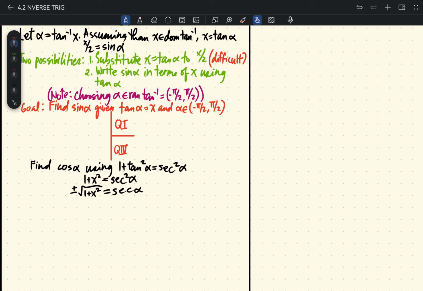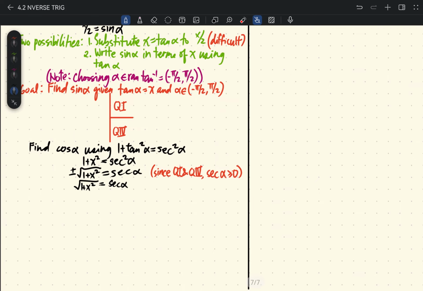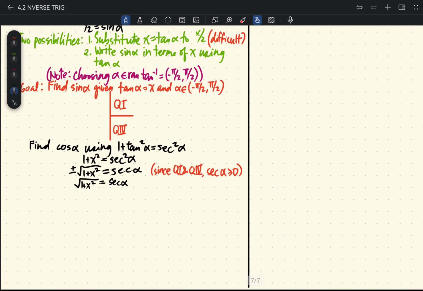However, since we are in quadrant 1 and quadrant 4, secant alpha should be non-negative. So that means your secant alpha equals the square root of 1 plus x squared. And now, since we know secant alpha, we can obtain cosine alpha, which is just the reciprocal of your secant function. So that's 1 over the square root of 1 plus x squared.